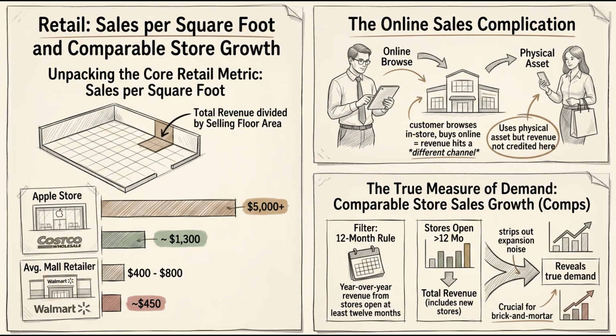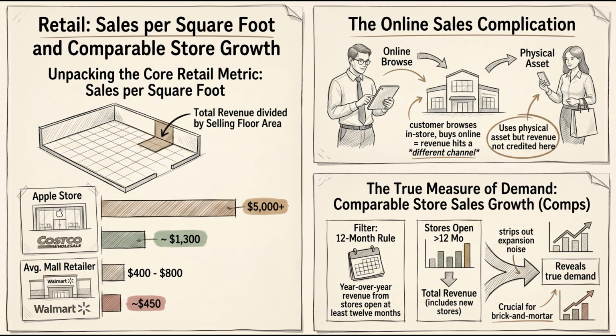In the retail sector, we focus on sales per square foot, which is total revenue divided by selling floor area. Apple stores are the gold standard, generating more than $5,000 per square foot annually. By comparison, the average mall retailer generates $400 to $800.